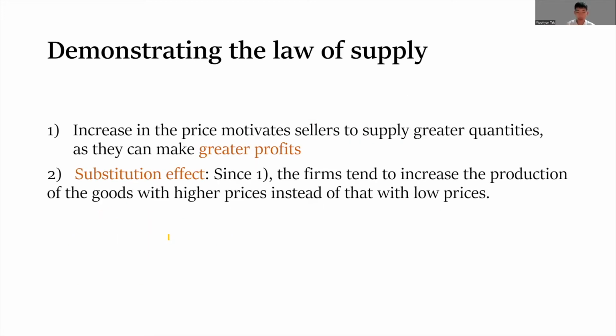Then why does the law of supply hold? The first reason is that firms can make greater profits, because it is an opportunity for them to supply greater quantities, and a motivation because they can earn more profit from selling one more unit. And the second one is the substitution effect, similar to the concept in demand.